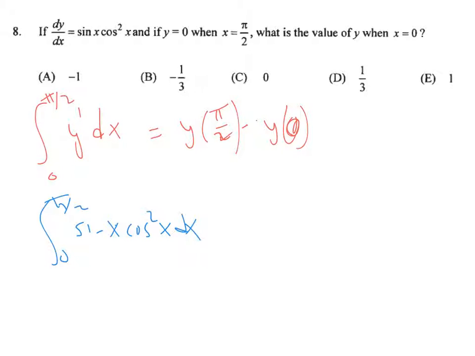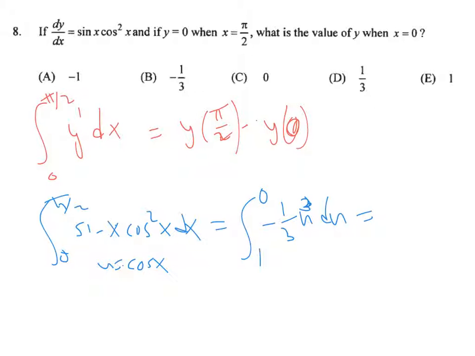And if you do some u substitution, you let u equal the cos of x. Then this integral will turn into the integral, and the bounds you'll have to change, so this will be from 1 to 0, because again, u is equal to cosine of x, cosine of 0 is 1, cosine of pi over 2 is 0, and then you'll have negative 1/3 u cubed du.